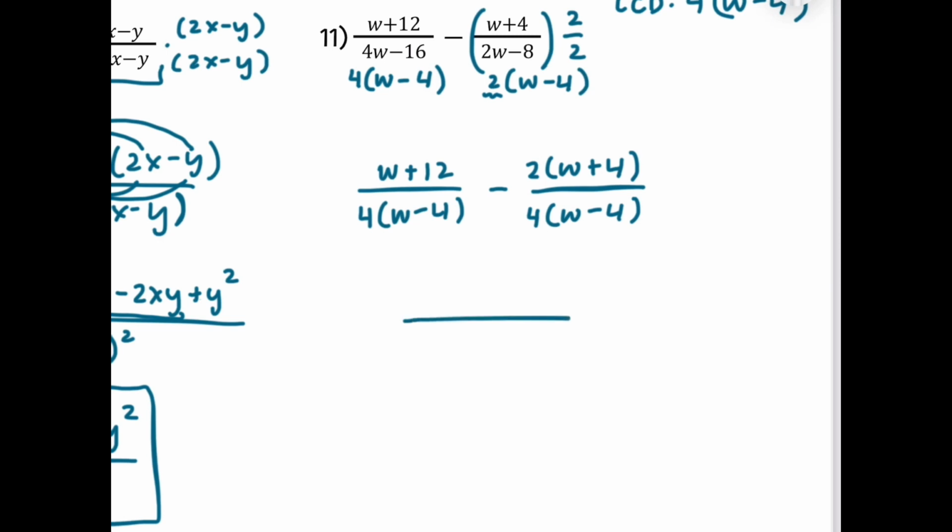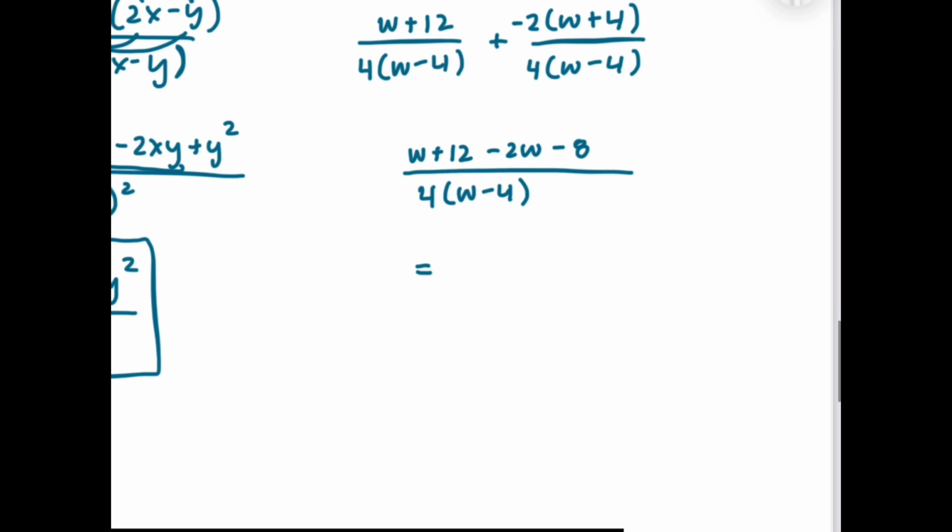And then let's write it as one fraction and figure out if we can simplify on the top. So remember that w plus 12, that stays the same, but remember that this is the same thing as having a negative 2 because of that minus. So we need to distribute a negative 2 in to the top and the bottom, to both terms.